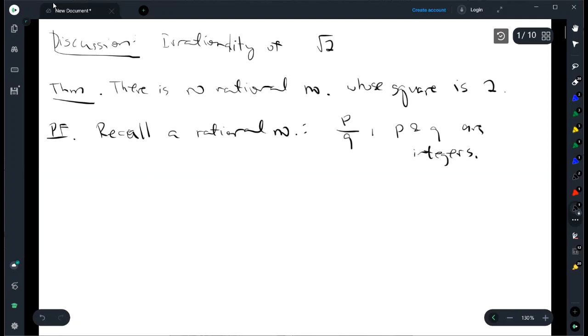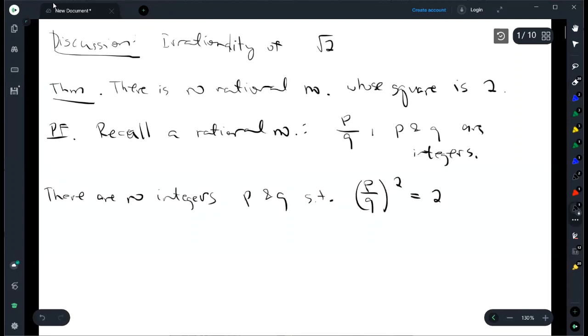And equivalently, the theorem can be stated in this way. There are no integers P and Q such that the square of the quotient P over Q is equal to 2.